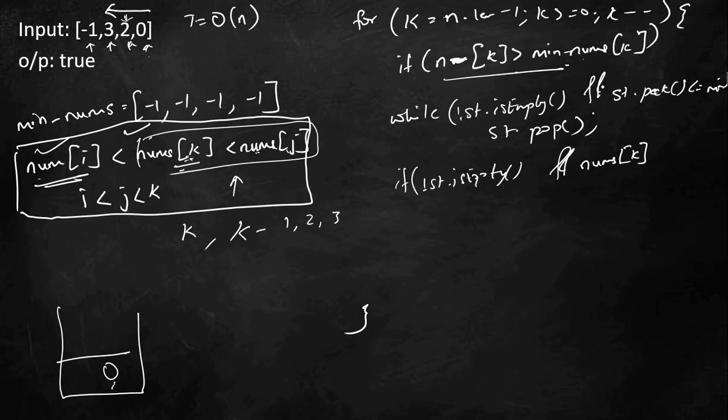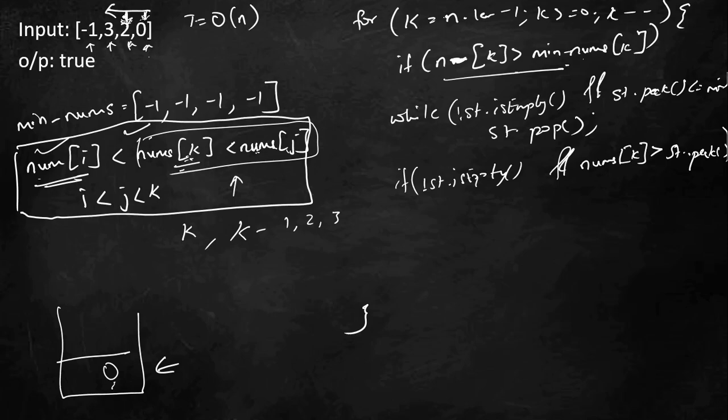So this current k value is greater than my nums of k, which is the element in the stack, stack dot peak. So that means I am somewhere here at 2, so this needs to be greater than this. So if k is greater than j, this k is this value, which was the value in the stack.